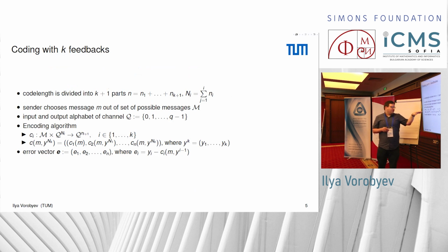Now we have these encoding functions which depend on the first n_i symbols, where n_i is the sum of the first i parts. So we can adapt our strategy just at some specific moments, and it gives not one next symbol, but n_{i+1} next symbols.